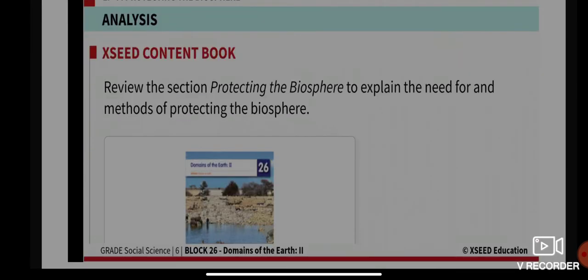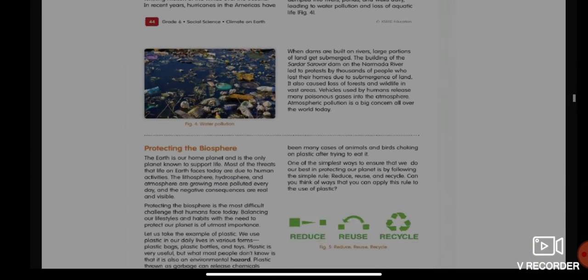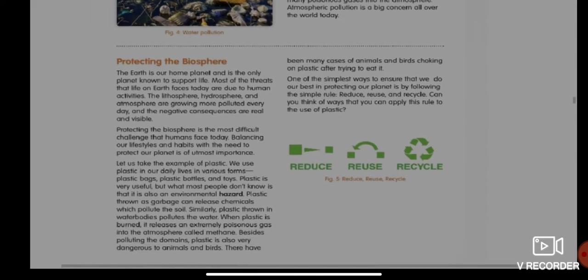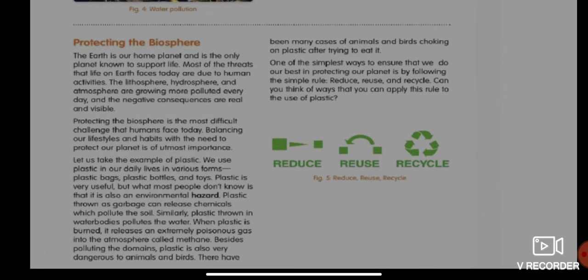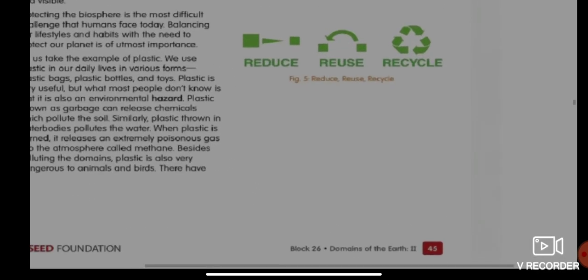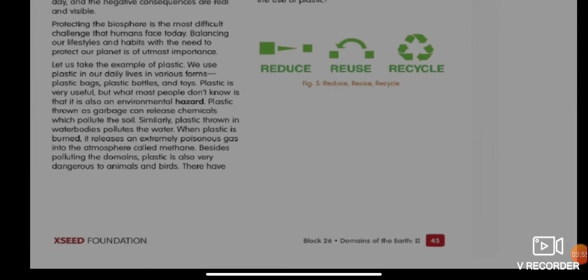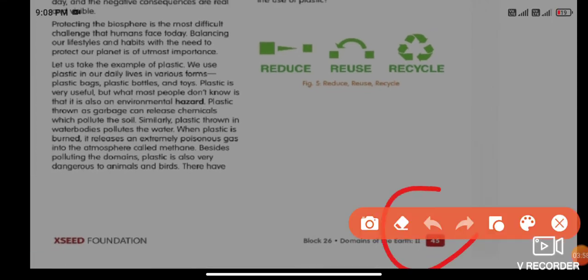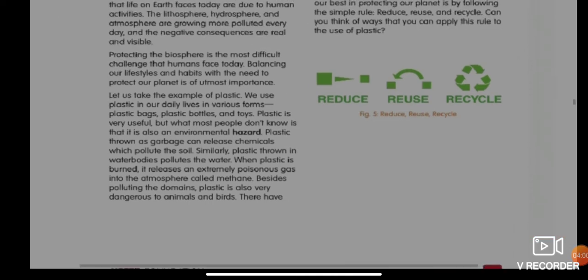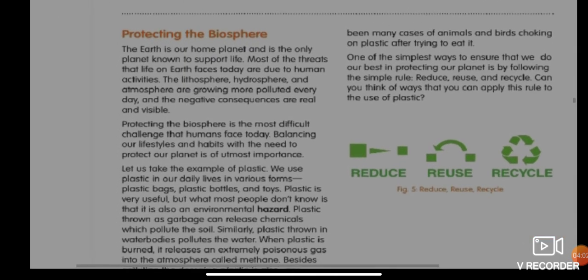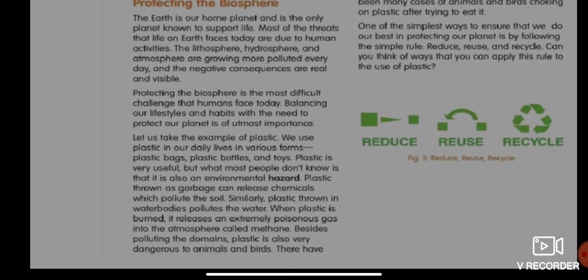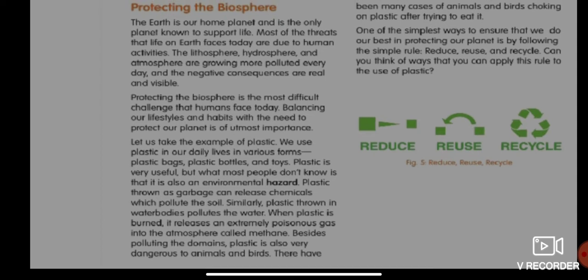Let us read Protecting the Biosphere from your exit content book. You can even go through your textbook on page 45. I will read for you, listen carefully. The Earth is our home planet and is the only planet known to support life.